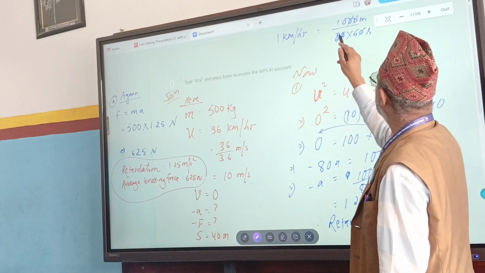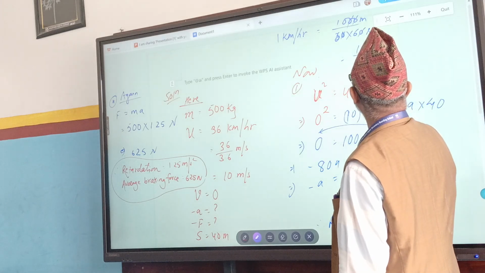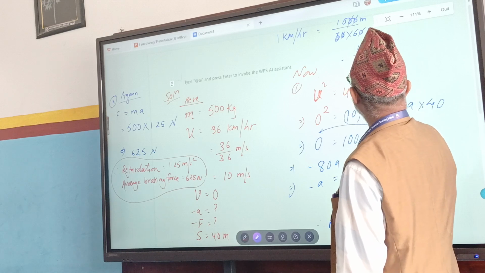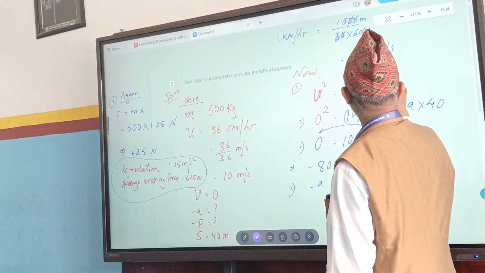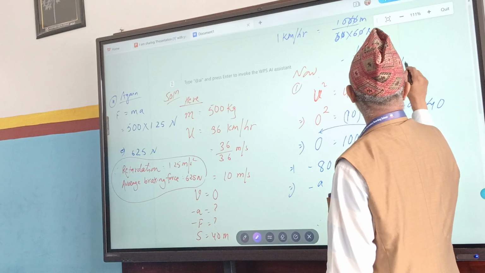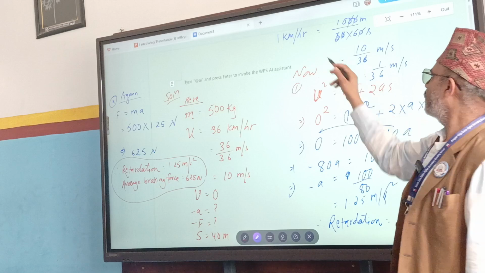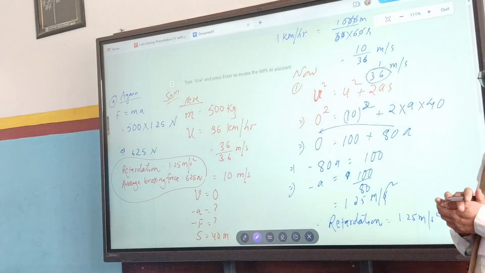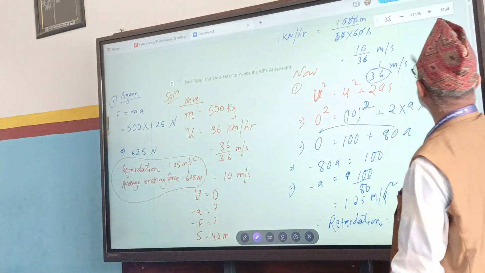Right? Now 10 by 36 meter per second. If 36 is divided by 10, then it becomes 3.6 meter per second. Then it will be easy to convert kilometer per hour into meter per second. Simply you divide by 3.6. That is easy way.